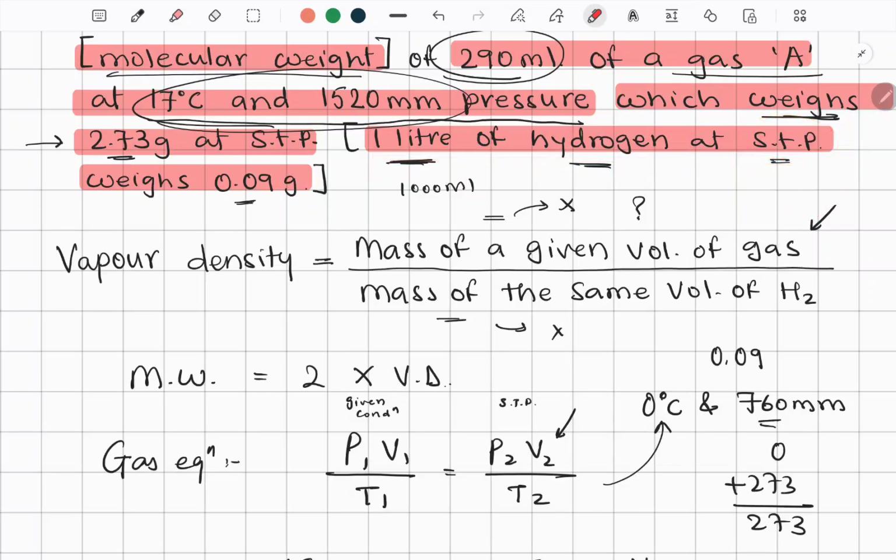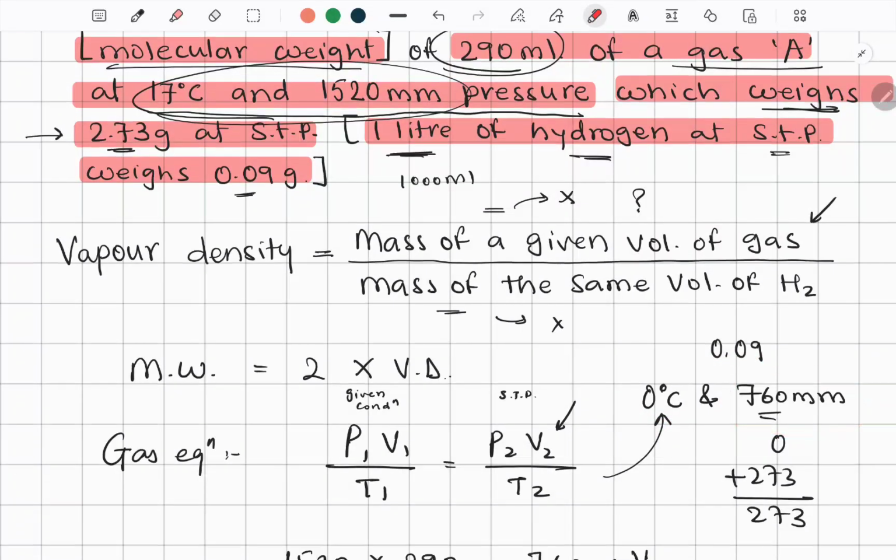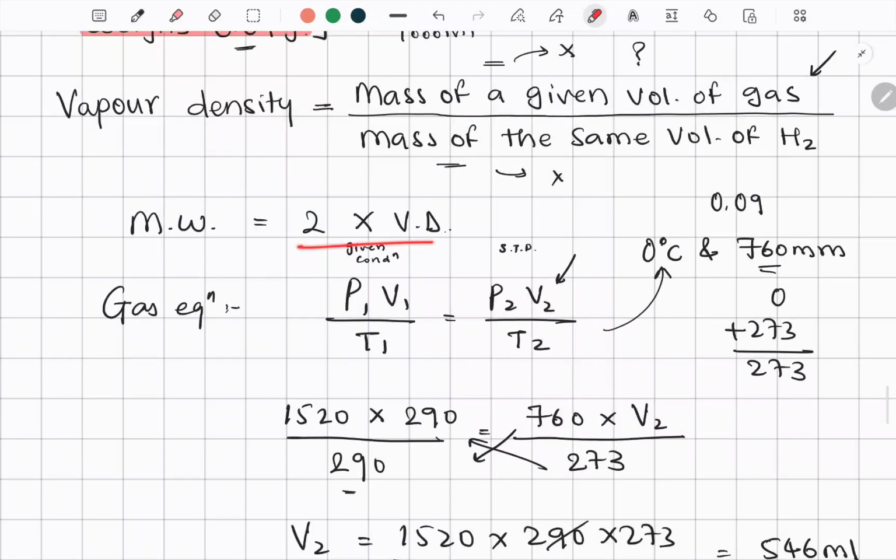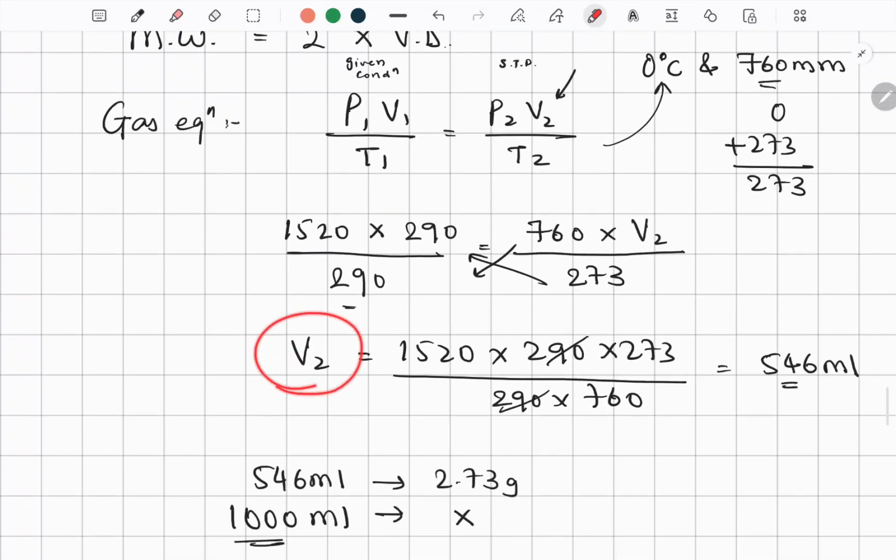And how did we get to know that it is not at s.t.p? By looking at the temperature and pressure conditions, because at s.t.p the temperature is 0 degrees Celsius and the pressure is 760 millimeter. Then we equated both the conditions by the gas equation and we got the volume at s.t.p, which was 546 ml.